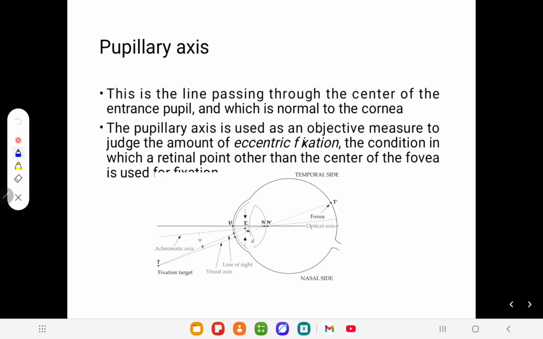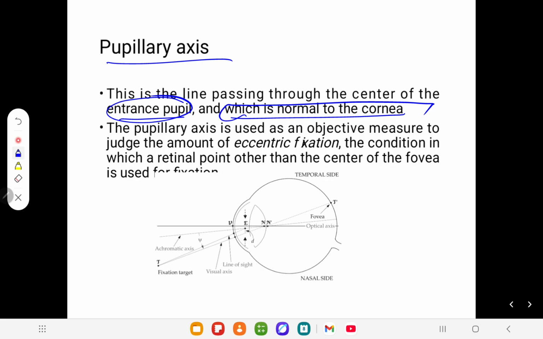Okay, so what is the pupillary axis then? It is a line passing through the center of the entrance pupil which is normal to the cornea. We are not talking about a fixation point in the case of the pupillary axis. Are you getting the point? We don't care about the fixation point. What we care about is the center of the entrance pupil and the line that joins the cornea, being normal, being 90 degrees.